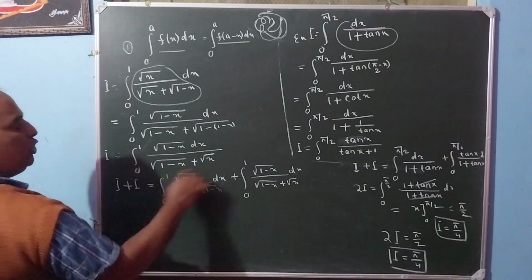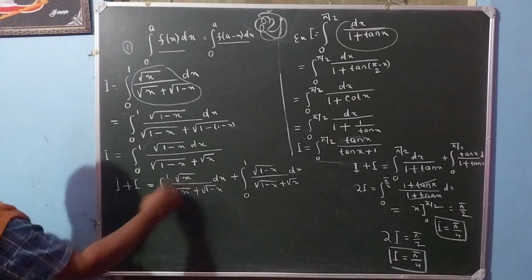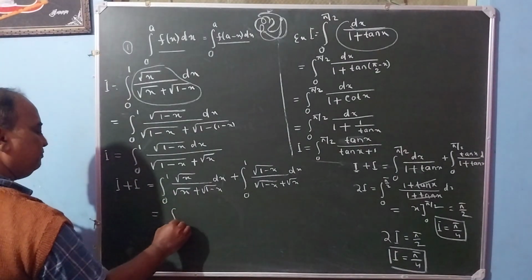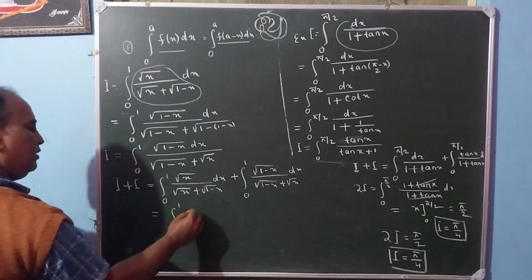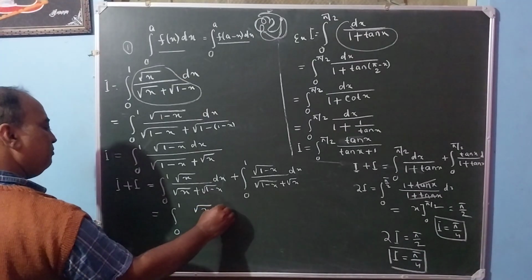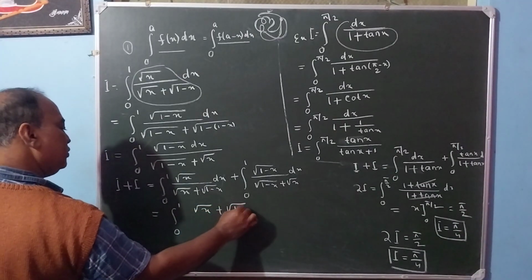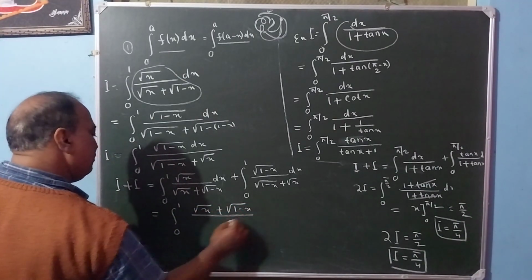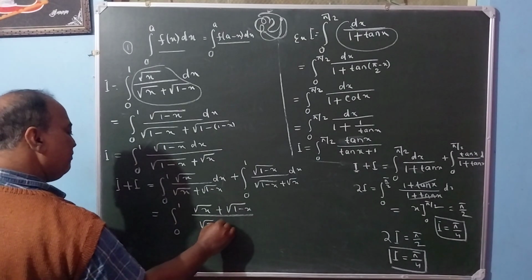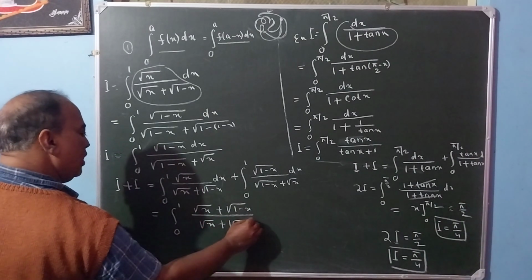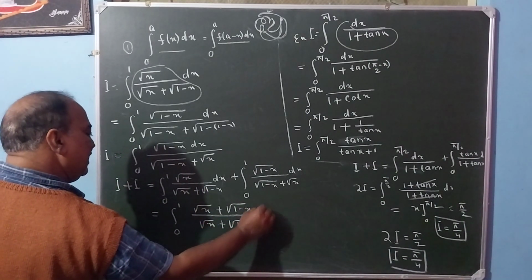Denominator same, so numerator will be added up. So that will be integral from 0 to 1 of root x plus root 1 minus x divided by root x plus root 1 minus x, dx.